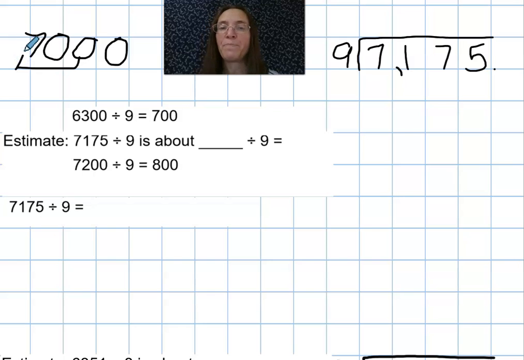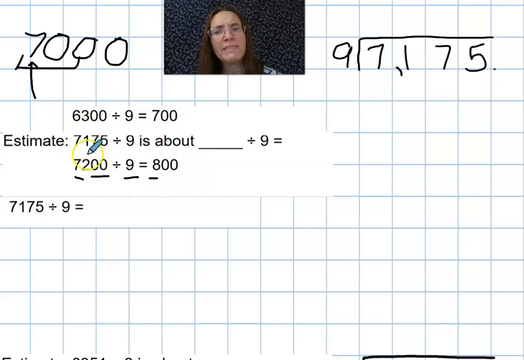Let me think about times 9. Is there anything times 9 that gets me close to 7? No. 7 is less than 9. That would be silly. How about 70? Well, that reminds me that 9 times 8 is 72. So I could round 7,175 to 7,200. And then my estimated quotient would be 800.